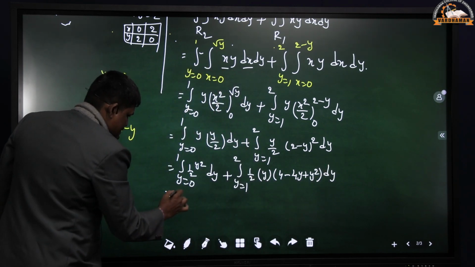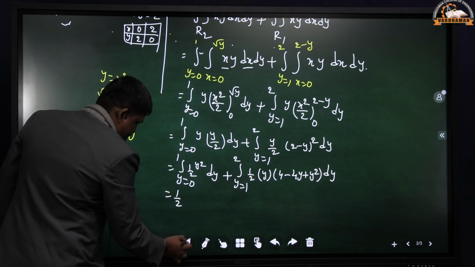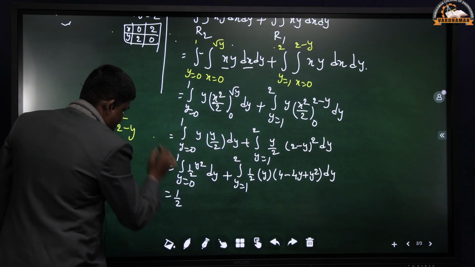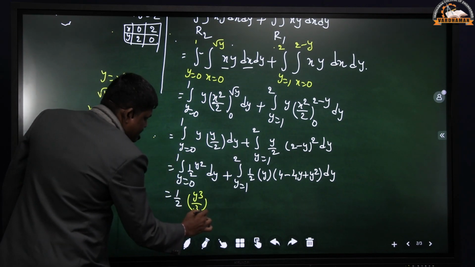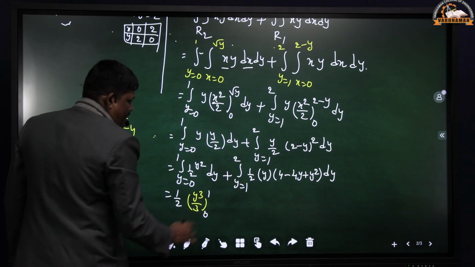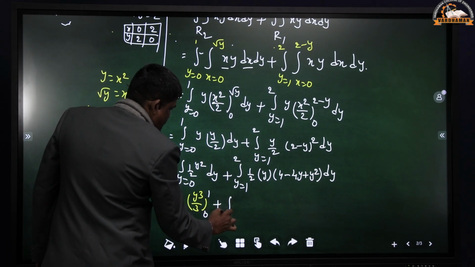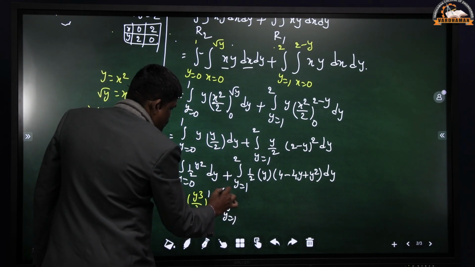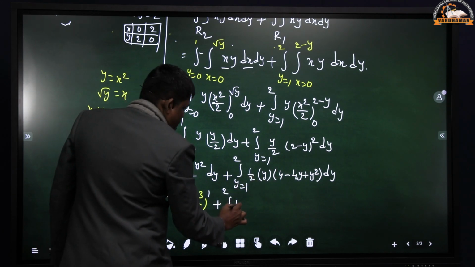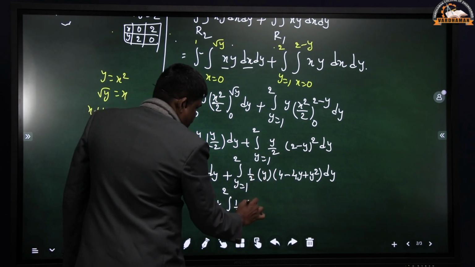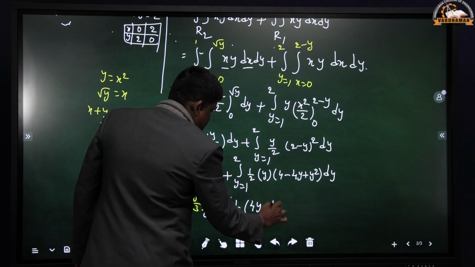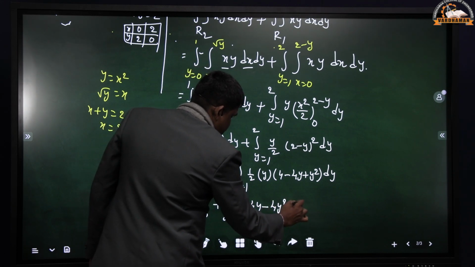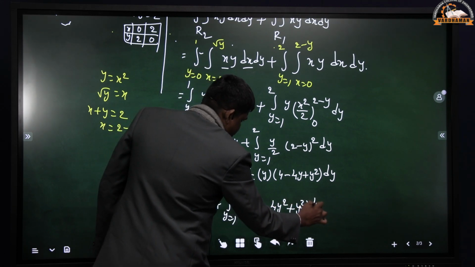I evaluate this: 1 by 2, you will get y cube by 3 and the limits are 0 to 1, plus integral y is 1 to 2, please multiply, 1 by 2 is here and you will get 4y minus 4y square plus y cube into dy.